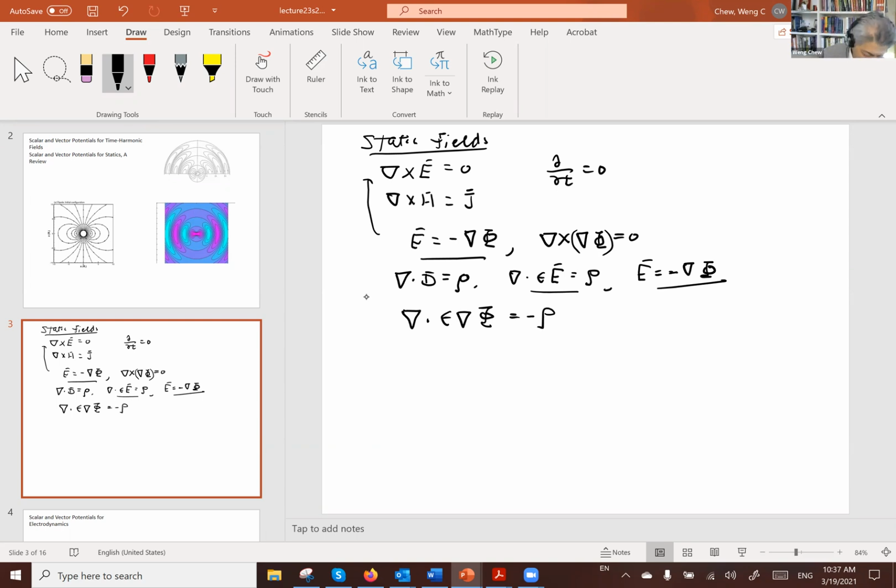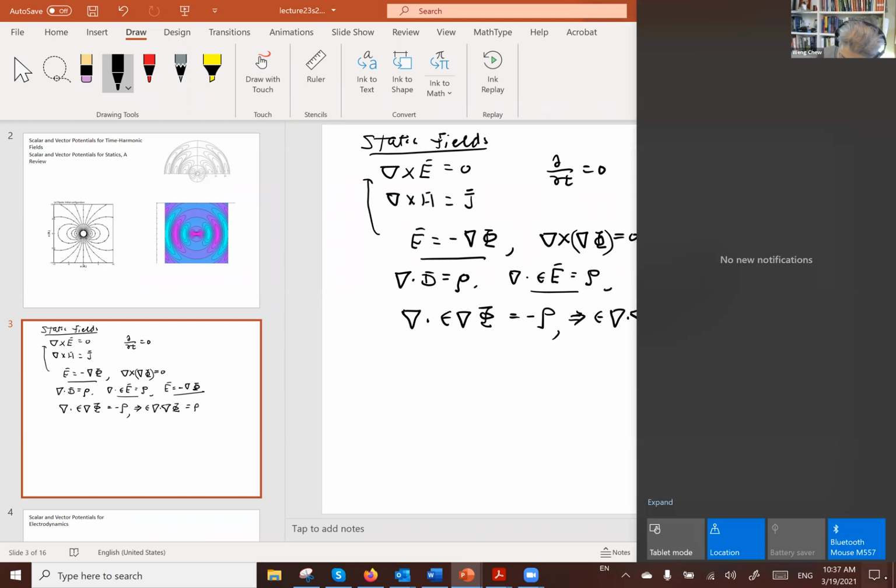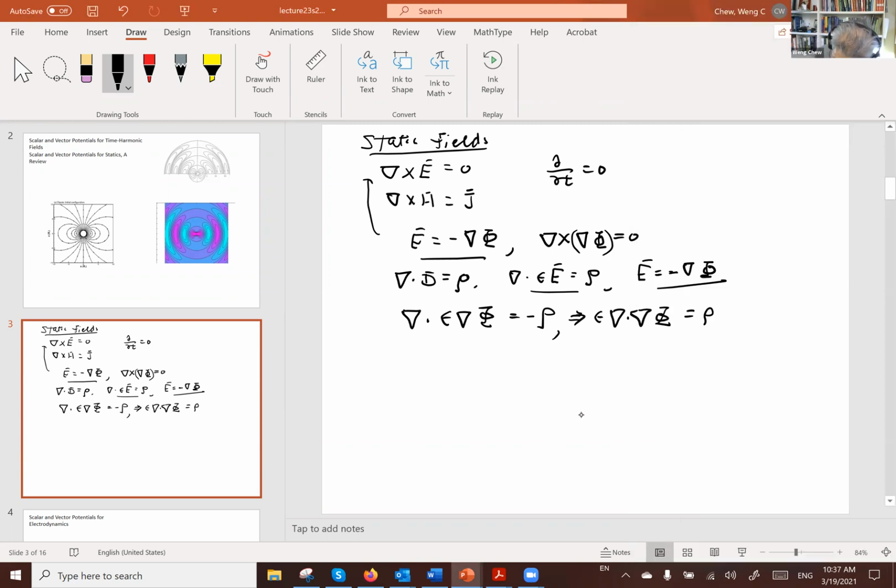Let's assume that epsilon is a constant. Then this equation can also be written as epsilon times the divergence of the gradient of phi equal to rho. This will furthermore become the Laplacian of phi equal to rho over epsilon, which is Poisson's equation. That's just Poisson's equation.